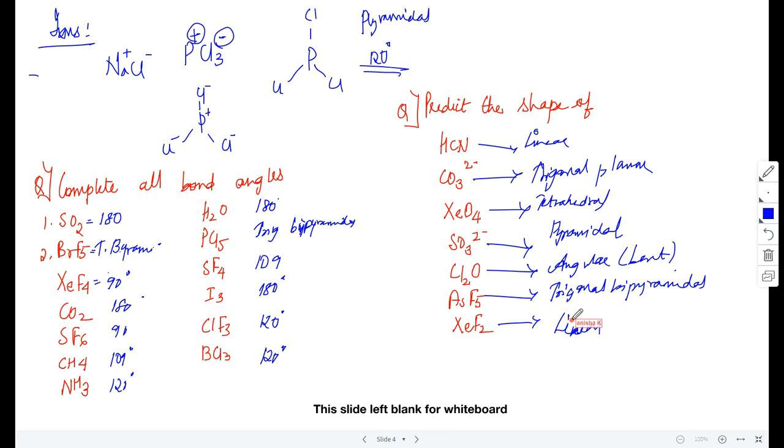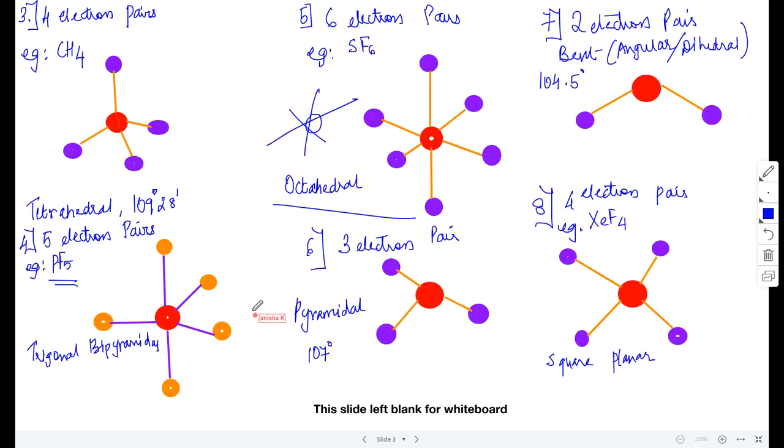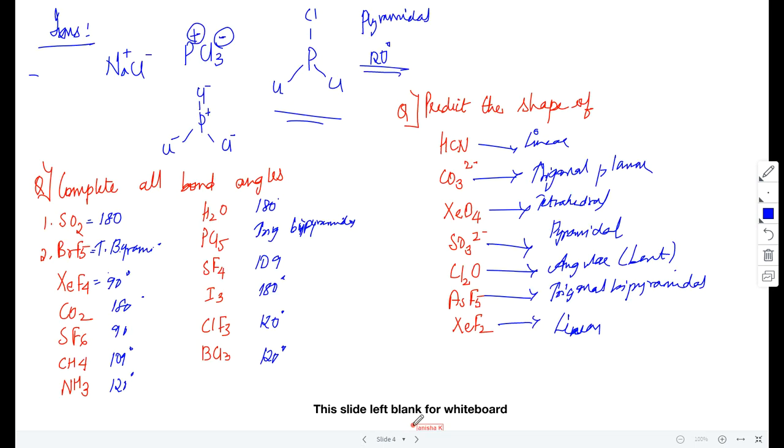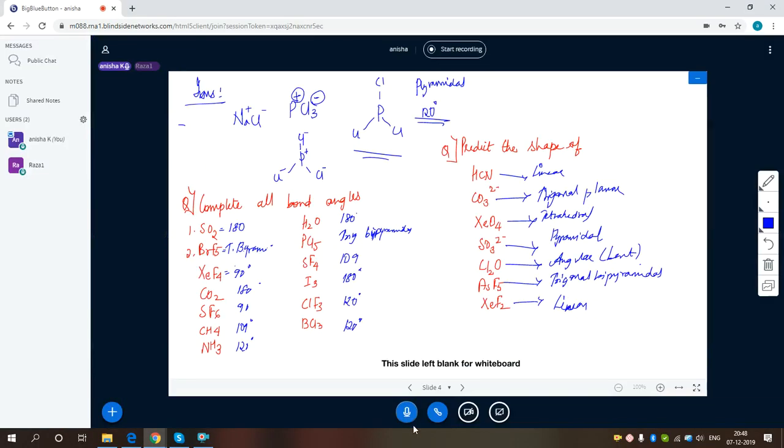So have you understood how to do this? For all these, you have to draw the structures. For the bond angles, we are supposed to draw structures like this and then mention the bond angles. Fine.